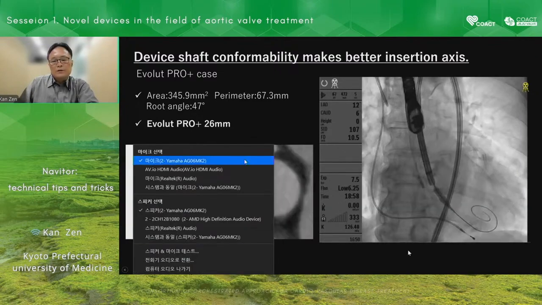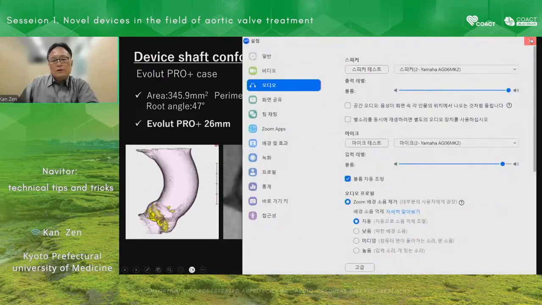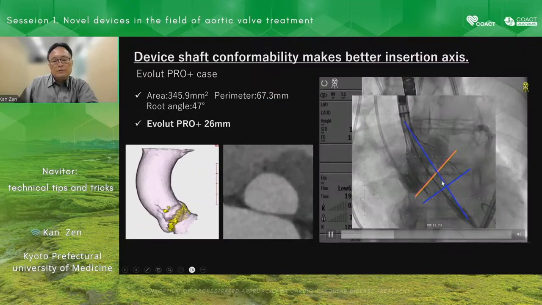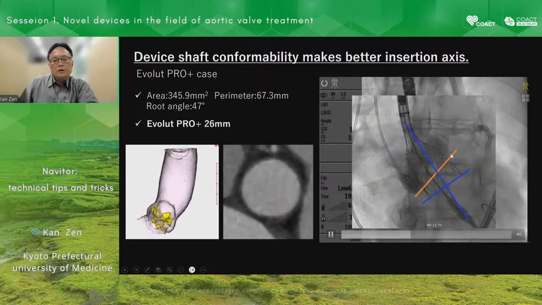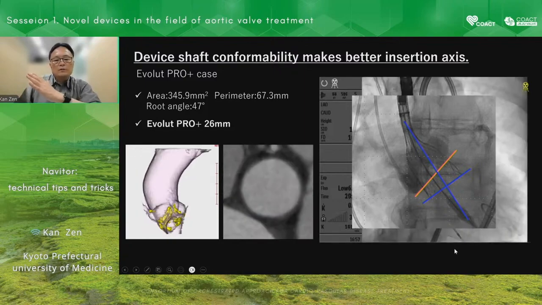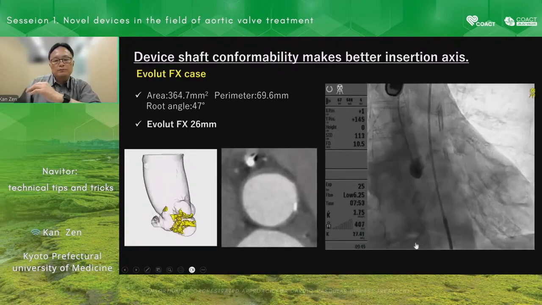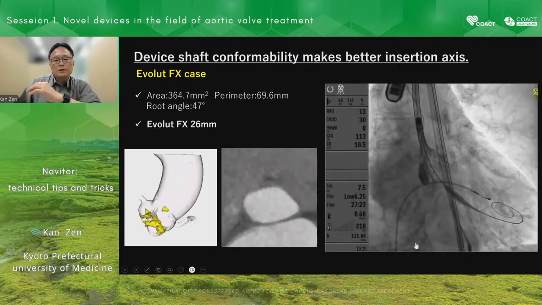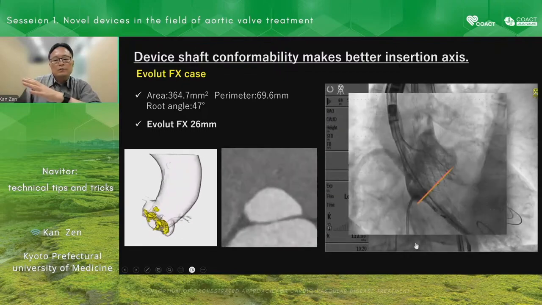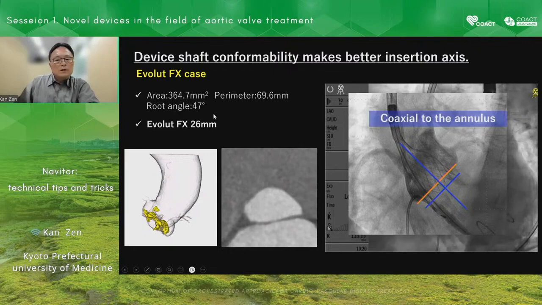As you can see in this image, at the point of no return, there is a gap between the cover valve and the axis. On the other hand, in the FX cases, as you can see in this movie, at the point of no return, there is no gap, and the valve is inserted more coaxially like this.